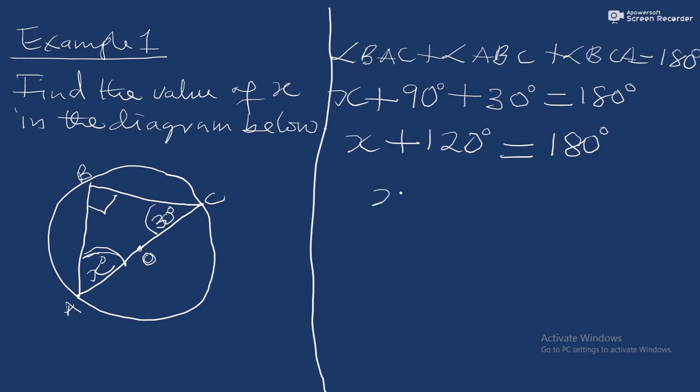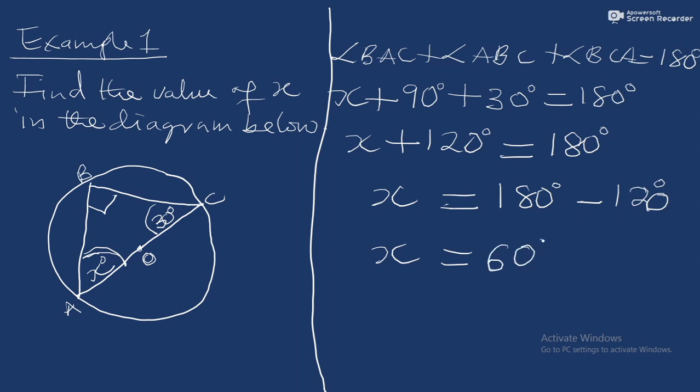So now, making x the subject, we are going to have 180 degrees minus 120 degrees. So our x will be equal to what? 60 degrees. Okay, so our x will be equal to 60 degrees.